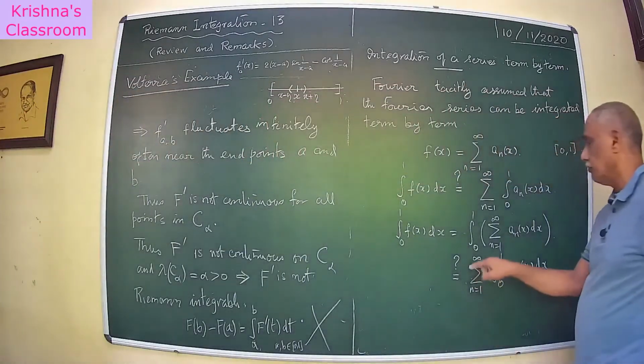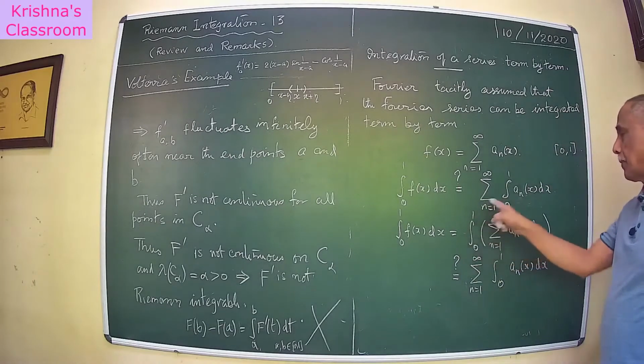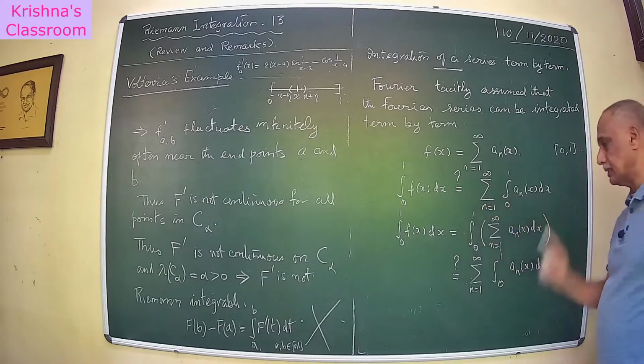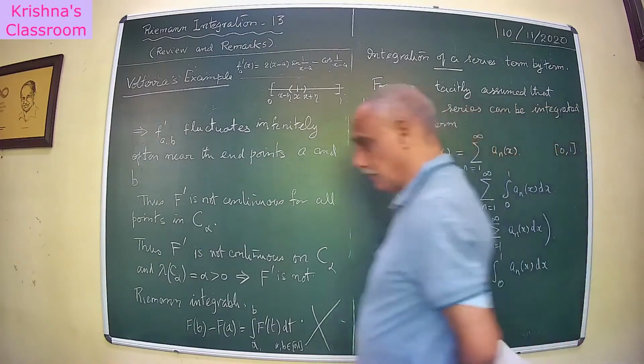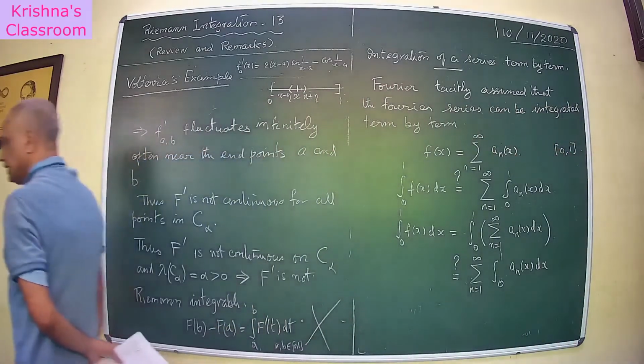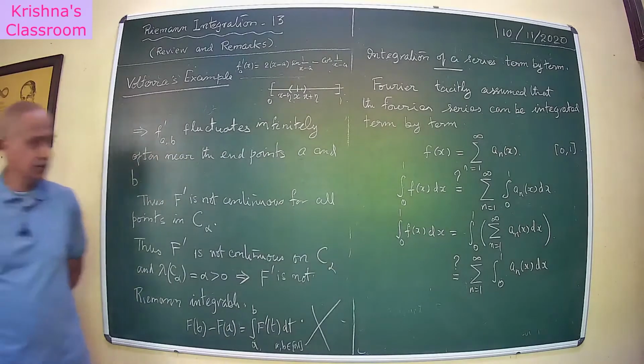Or can you freely interchange the summation and the integration? Now you know that if this is a finite sum, then this interchange of the sum and the integration is possible.